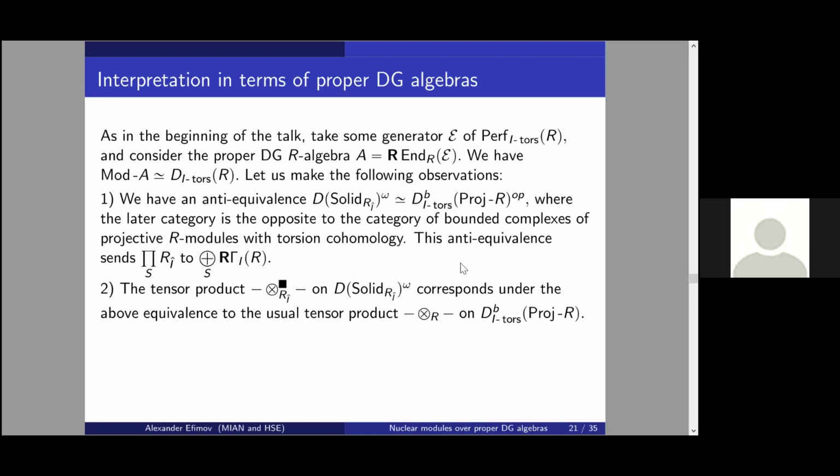Okay, and the solid tensor product on this category of compact objects corresponds under this anti-equivalence to the usual tensor product over R on this bounded category of projective modules with torsion homology.